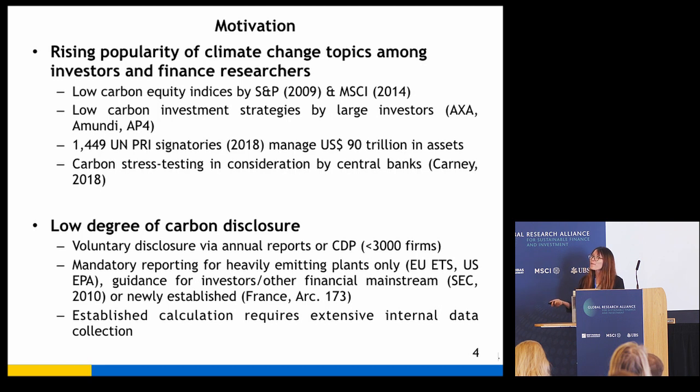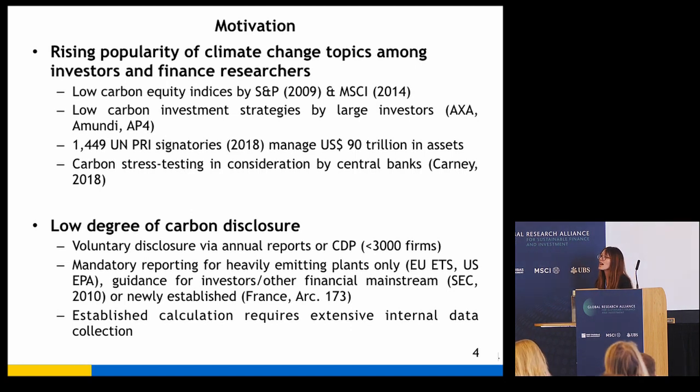So just to compare, that is how small the voluntary disclosure is compared to the list of firms. So that is where we think that we need to have prediction in here to somewhat fill the gap and to support the analysis of climate transition risk, especially in the context of finance.